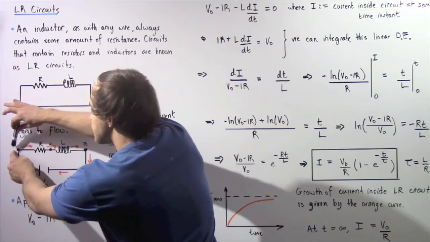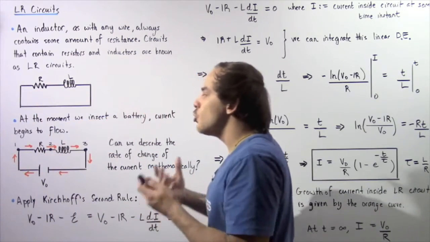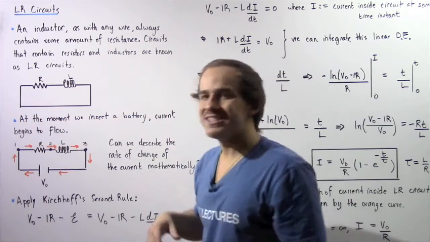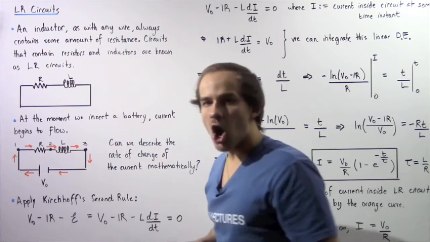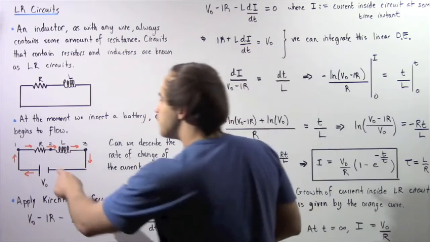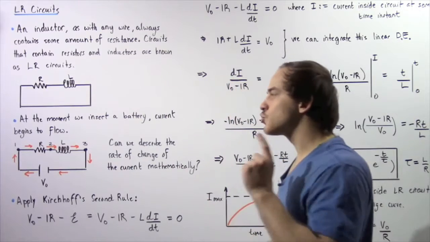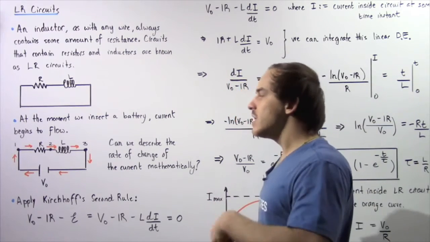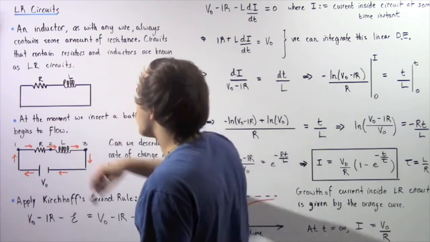When our electric current flows from point 1 to point 2, it loses voltage. The voltage drops as a result of this resistor, and that means we subtract I times R. Finally, when our electric current flows from position 2 to position 3, there's once again a drop in voltage, and the quantity of drop is equal to the EMF induced inside our inductor.